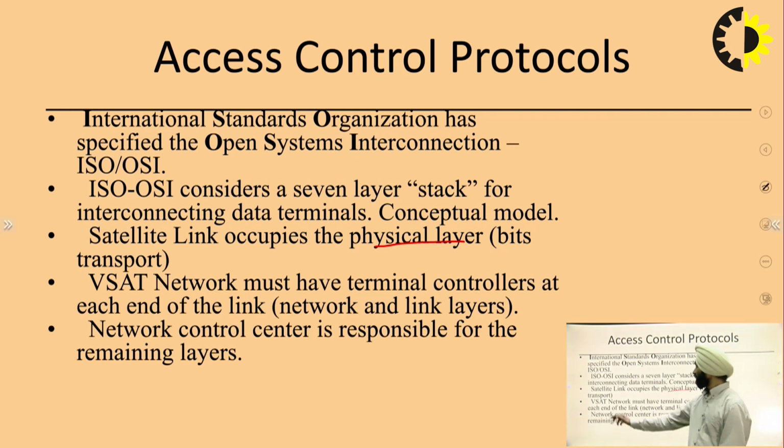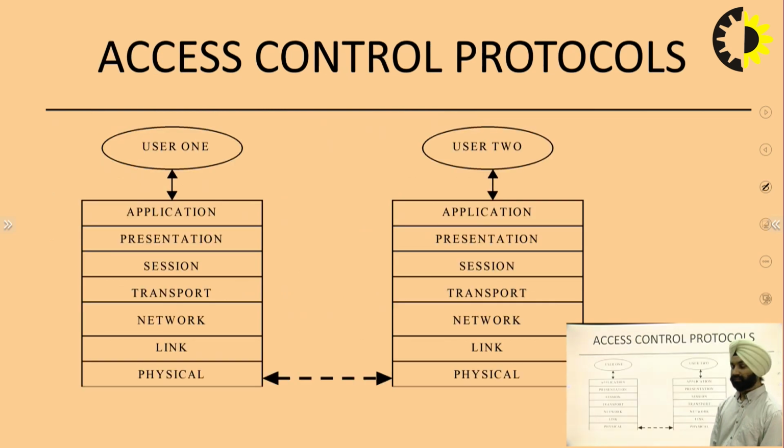This VSAT network must have a terminal controlled at each end of the link. The network control center is responsible for the remaining layers. So if we go with the OSI layers, it is application layer, presentation layer, session, transport, network, data link layer, and the physical layer. These 7 layers are the OSI model for a general network.